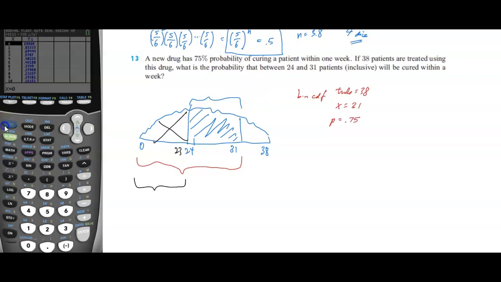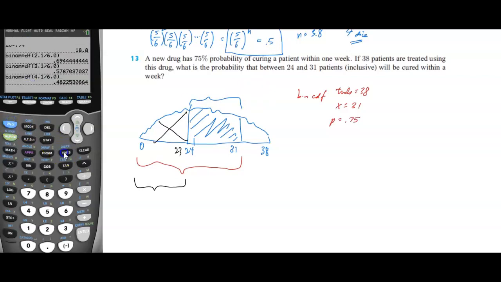So let's do that. Second quit, second distribution, and we're going to do binomial CDF, and we're going to put 38 trials, 0.75 p, and then we're going to put 31 to find the red region. Oops. The red region is going to be 0.872. And the black region, we're going to do from 0 to 23.